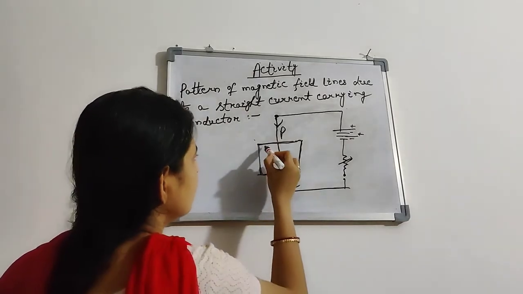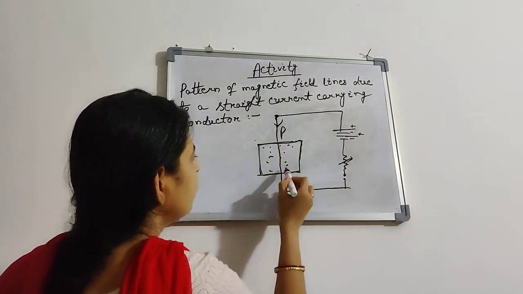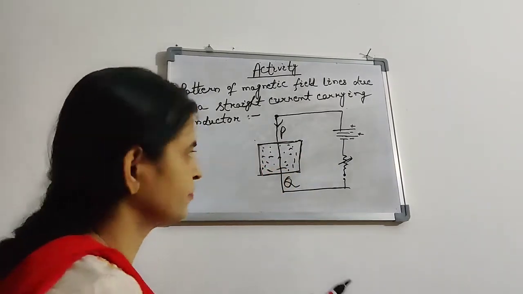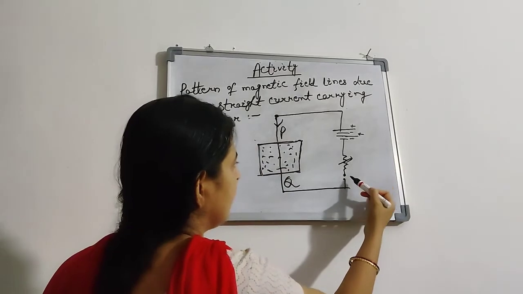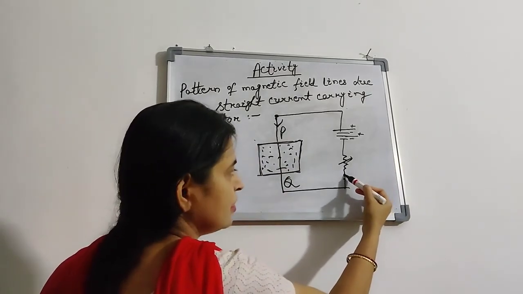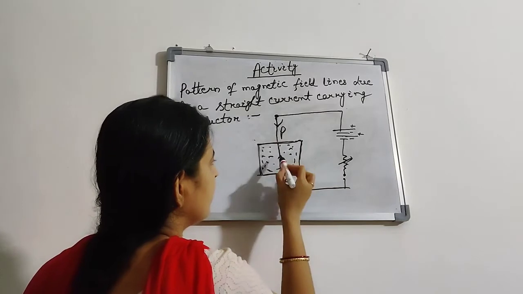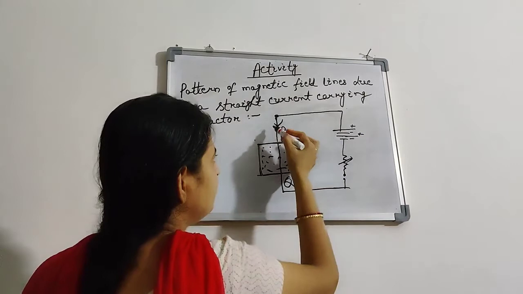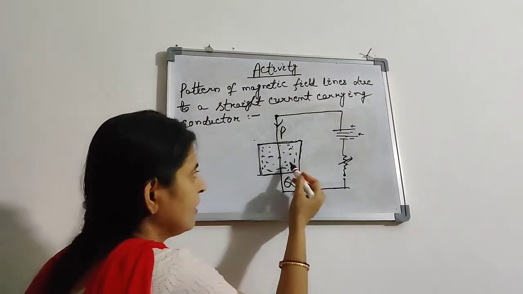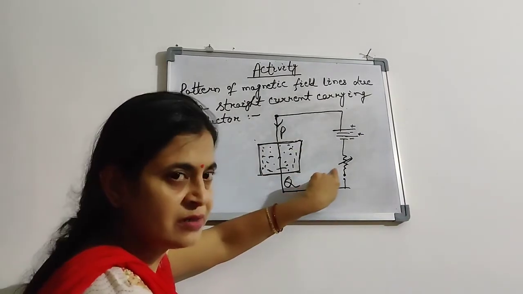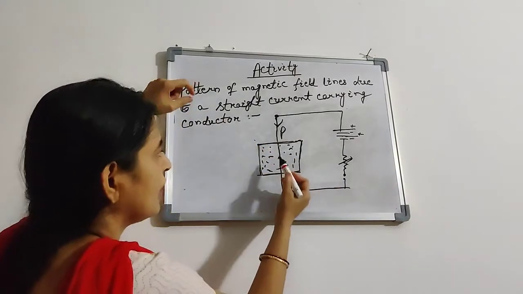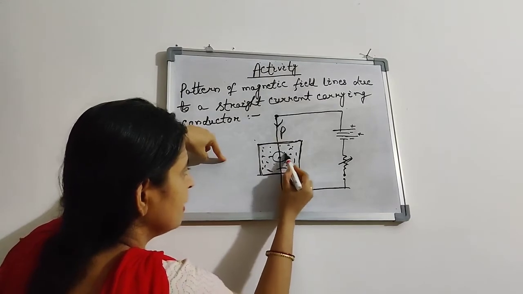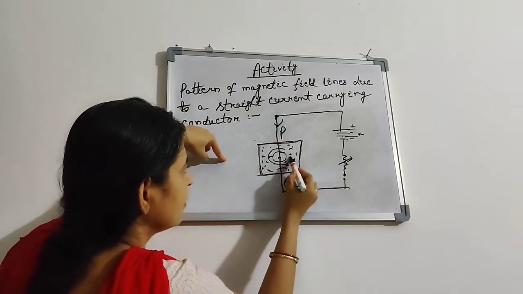Now put some iron filings uniformly on this cardboard, and when we plug the key, the current will start flowing from P to Q, and then the iron filings will arrange themselves in a particular pattern like this.